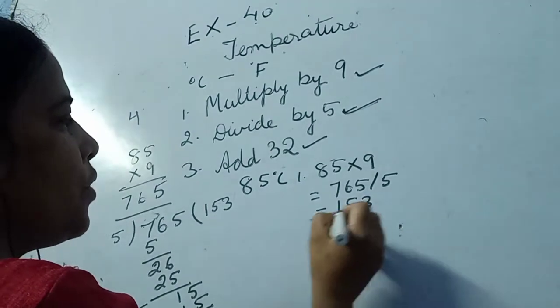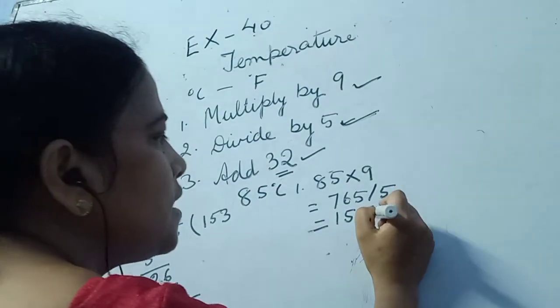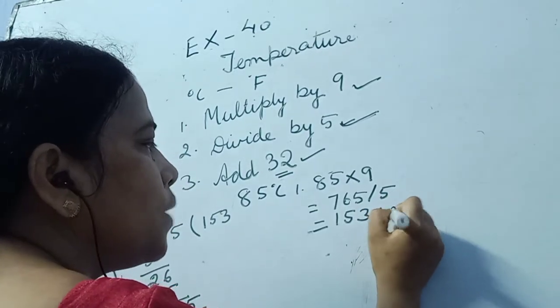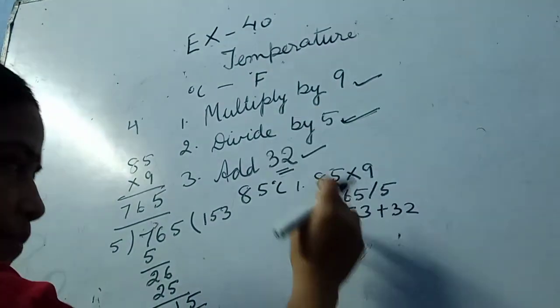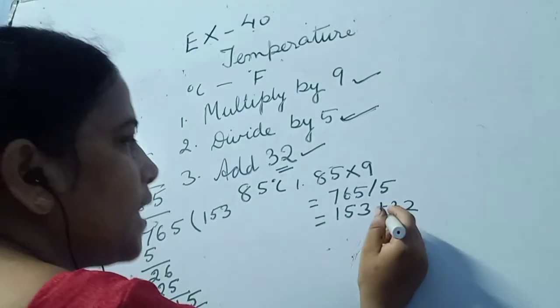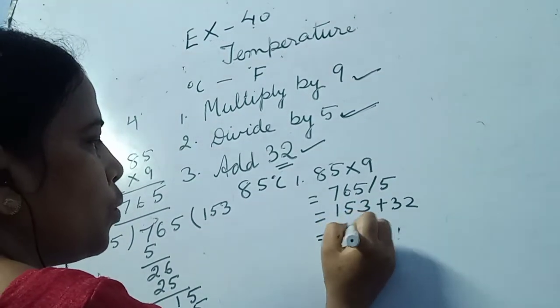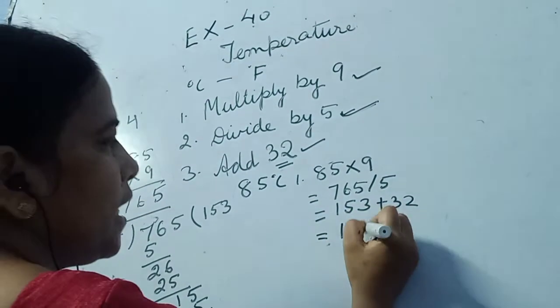Now what do we have to do? Now the third step: just add 32 to this quotient. We will get 185.